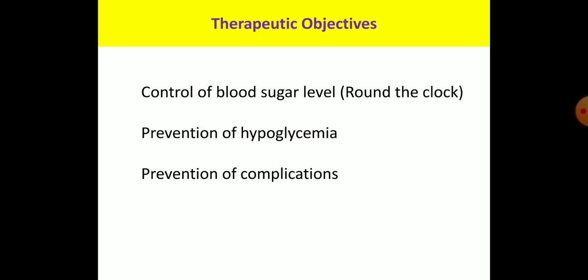Then education about the diet, exercise, and the signs of hypoglycemia. All these must be explained to the patient. And if you control the blood sugar level, maintain it, and prevent hypoglycemia, then in a nutshell you are preventing the development of complications also.